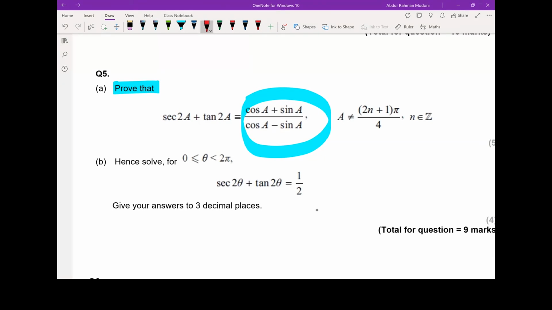I might write down tan as sine over cos, and then I'll have fractions there. So 1 over cos 2A plus sine 2A over cos 2A. Straight away I've got fractions, but I know how to combine a fraction by making the same denominator, and then I've got it combined. So that might be my starting point. Combining it to one fraction, because on my right-hand side I've got a single fraction, whereas on the left-hand side I've got two.